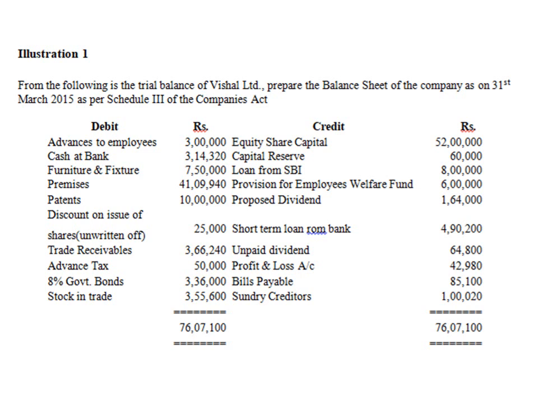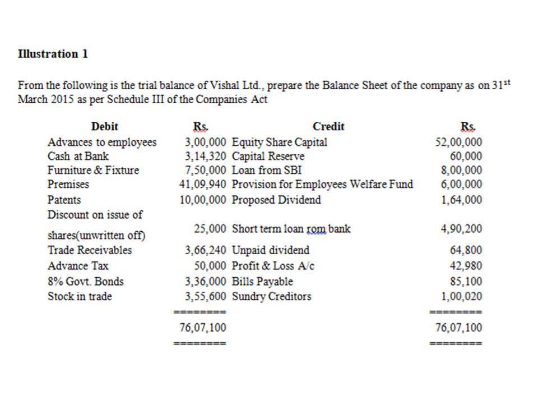And loan from SBI. It is a long-term borrowing which is a non-current liability. And then there is a provision for employee welfare fund. This is a long-term provision. Then we have proposed dividend. Proposed dividend is a short-term provision which comes under the current liabilities.